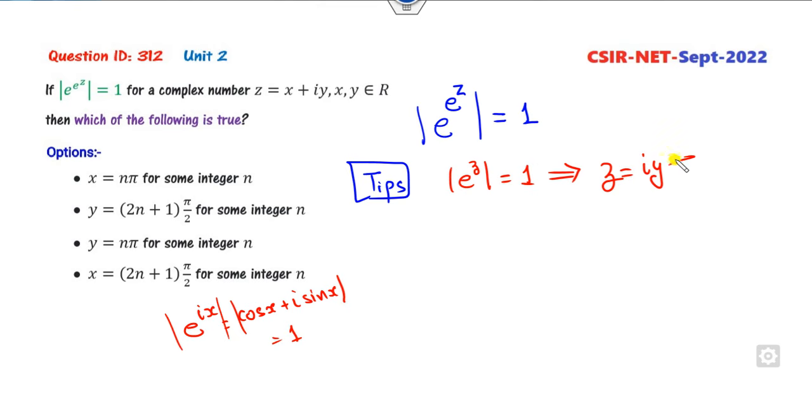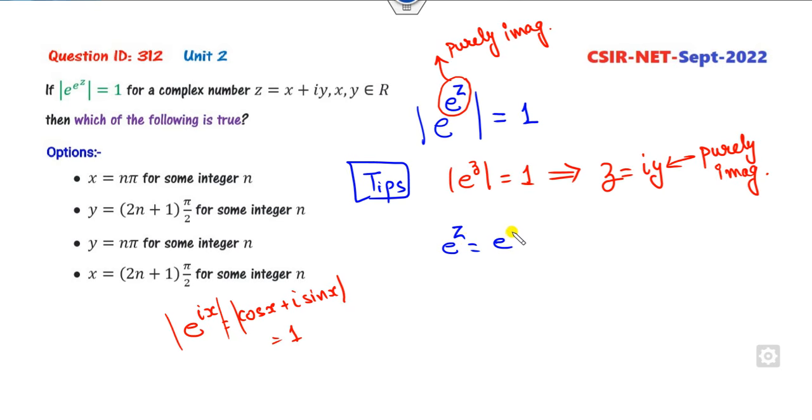So that means it's purely imaginary. My target is to take this number as purely imaginary. How can you make it purely imaginary? You can see I can take e raised to power x here.